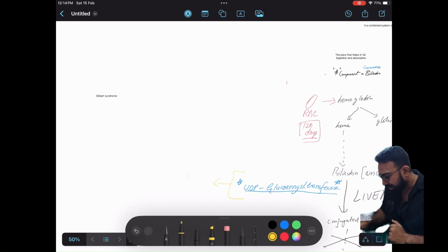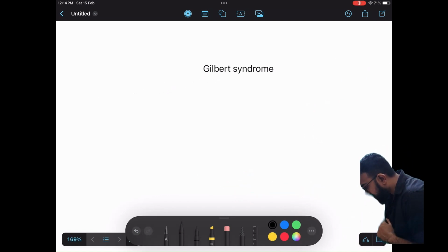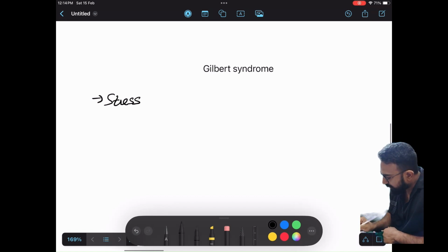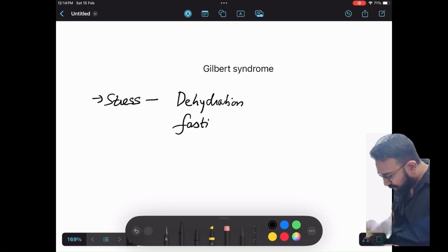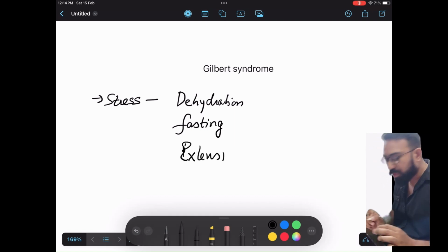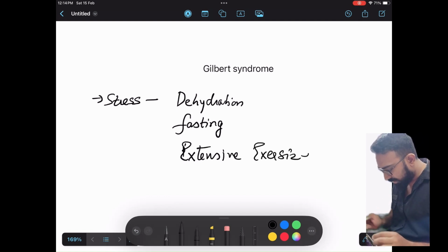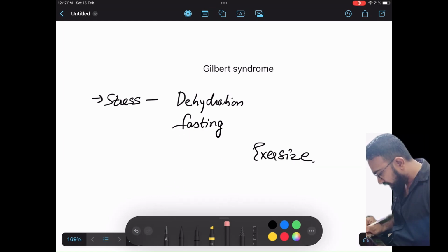So what will happen in Gilbert syndrome? Whenever there are periods of stress, what can be the periods of stress? The periods of stress can be dehydration, fasting, periods of intense exercise, any type of stress on the person. There is a very slight increase in hemolysis.